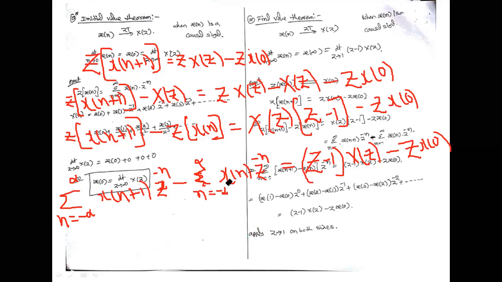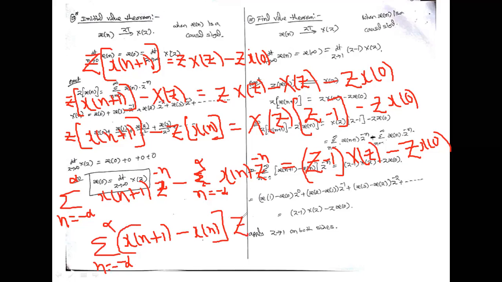See, in these two functions, the sum is common and the z power minus n is also common. Take that as a single term: sum over n equals minus infinity to infinity of x(n+1) minus x(n) as one signal, z power minus n.